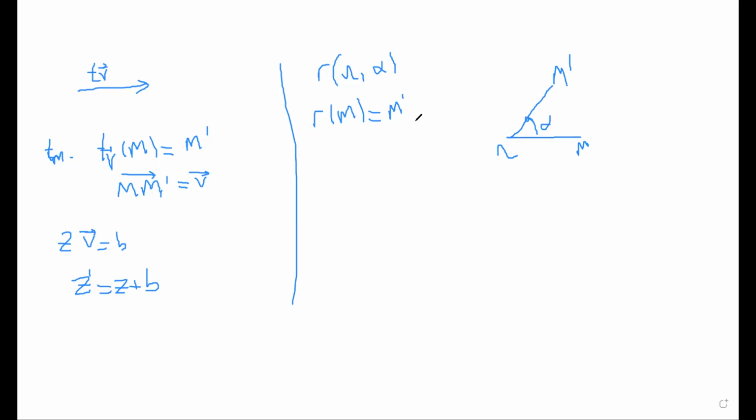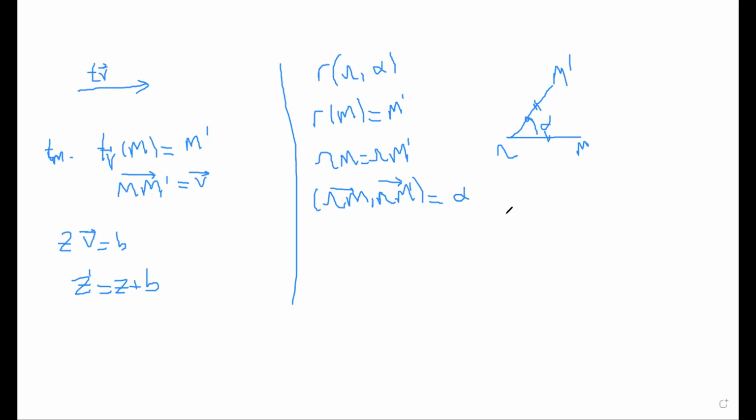It means that the distance omega M equals the distance omega M prime, not vectors. This distance equals this distance. And the angle from omega M to omega M prime equals alpha plus 2k pi.